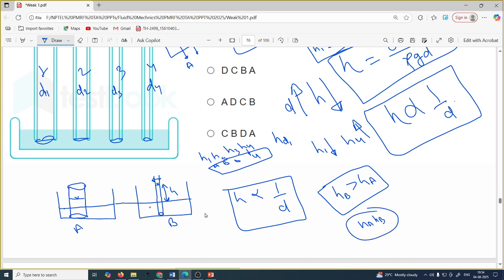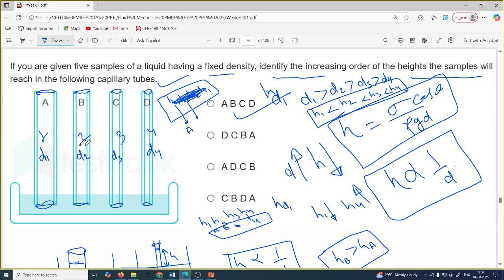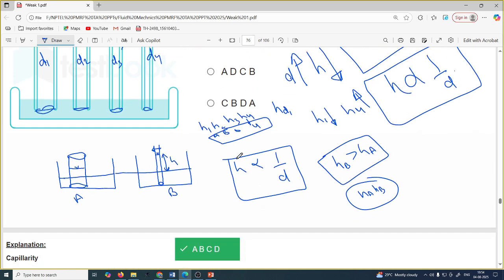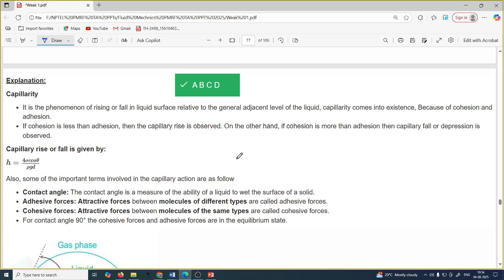Similarly here you have the four tubes. As the diameter is decreasing, the height will increase. Here it is asking about increasing order, so definitely ABCD will be correct. Hope everyone got it.